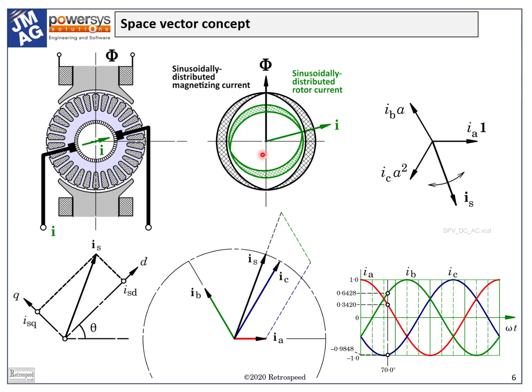Here on the left we see a DC motor cross-section in which the main flux phi is established by field poles in the vertical direction. We can also see the armature current I, which flows through the rotor and establishes its own magnetic flux. The direction of this flux, the armature reaction flux, is more or less orthogonal to the field flux.